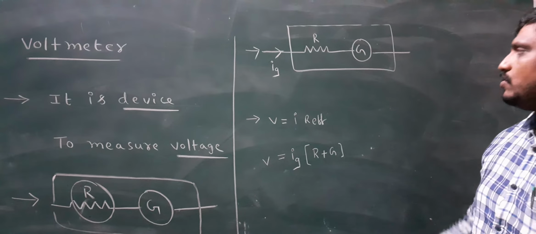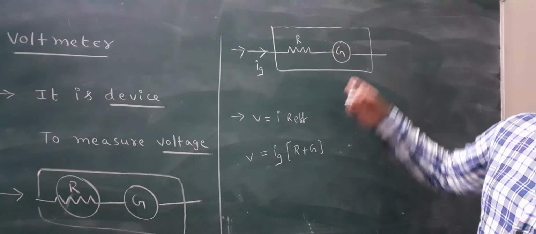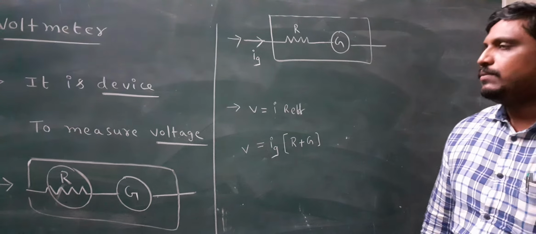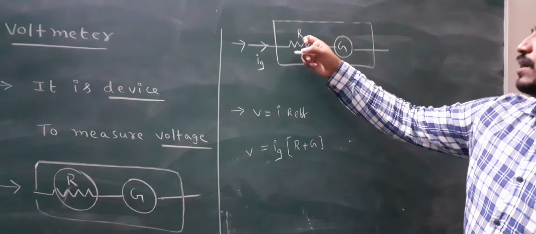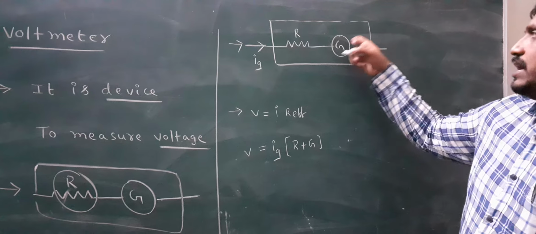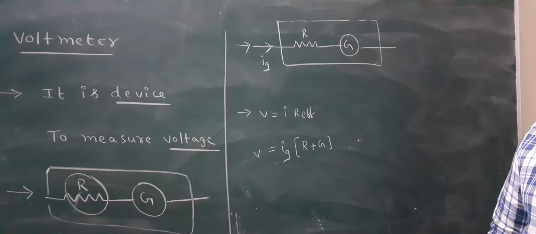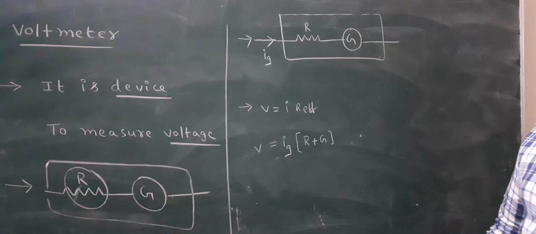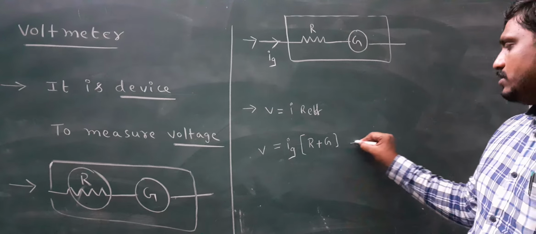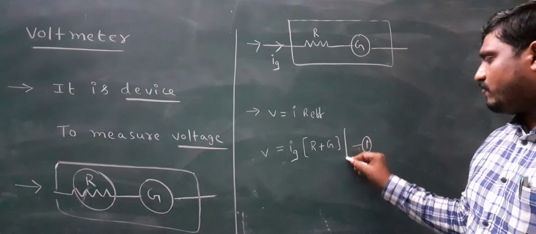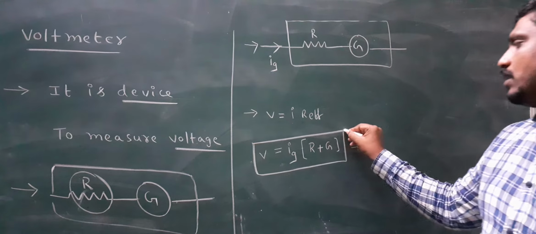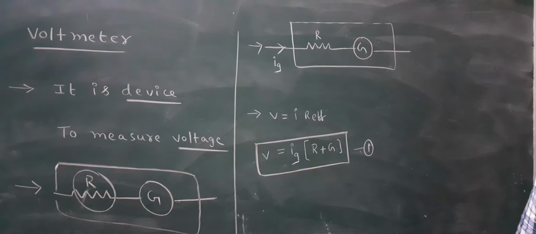The total effective resistance is R plus G, because the high resistance and galvanometer are in series. The series formula is R1 plus R2, simply R plus G. This is the most important formula to solve voltmeter problems.